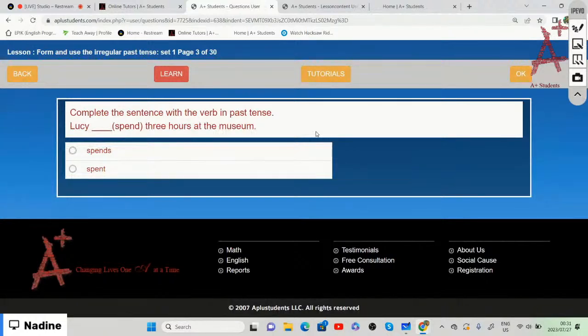Lucy spent 3 hours at the museum. Spend 3 hours at the museum. So Lucy, is it spends 3 hours at the museum or Lucy spent 3 hours at the museum? This verb is irregular.